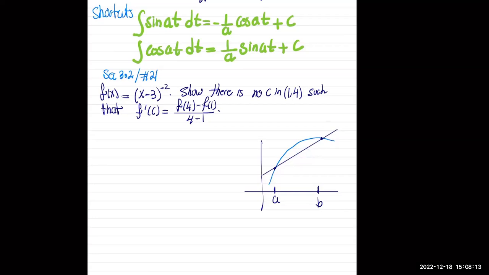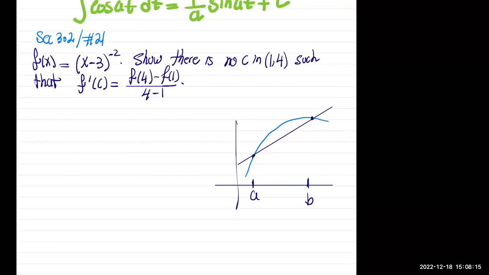Mean value theorem says there's for sure a number between A and B where the tangent line at the point on the graph is parallel to the line through A and B. So right there. Okay.